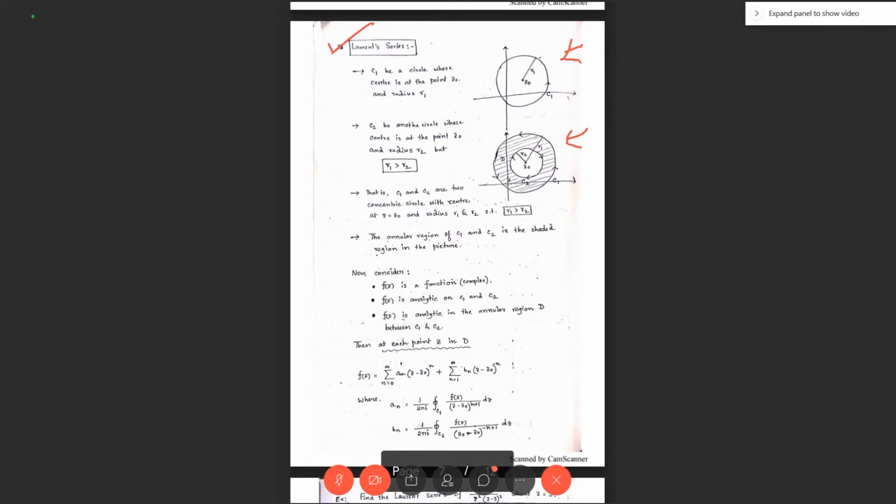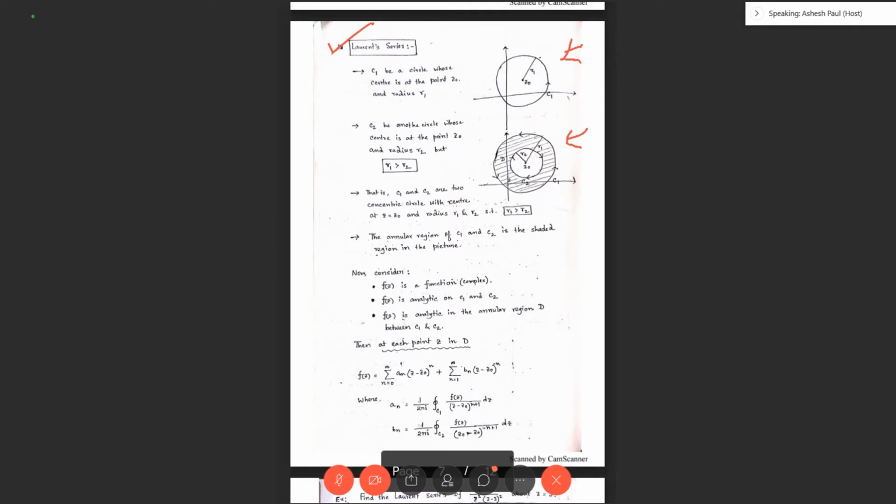One is C1, the bigger circle with radius R1 and center Z0, and the other is C2, the smaller circle with radius R2 and center Z0. So we got C1 and C2, two concentric circles with center at Z equal to Z0 and radii R1 and R2 respectively, such that R1 is greater than R2.